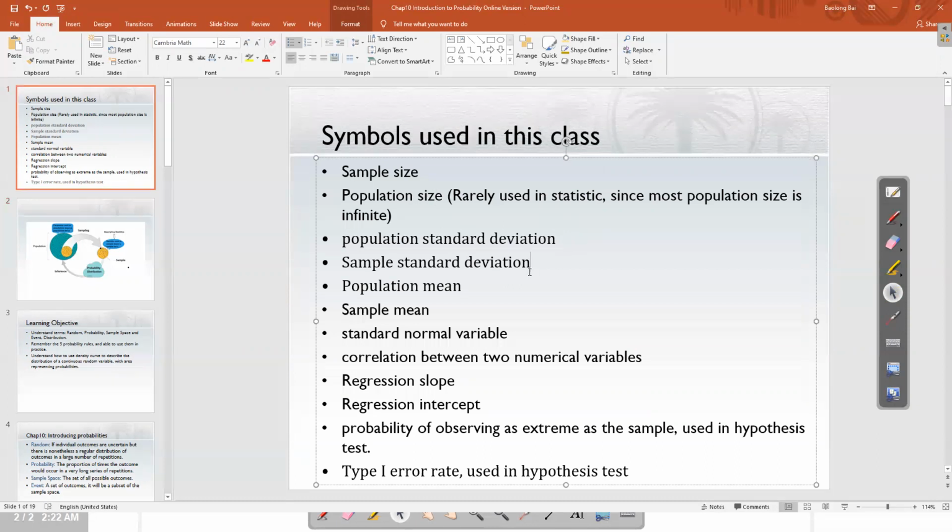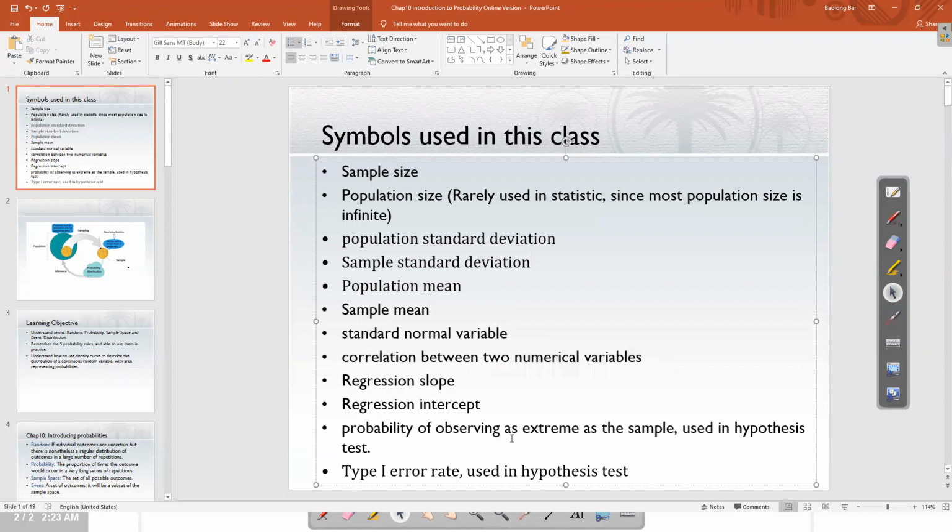Sample standard deviation, S. Population mean, mu. Sample mean, X bar. Standard normal variable, Z. Correlation, this is sample correlation, is R. And this is regression, sample regression. Slope is B1. Intercept is B0.